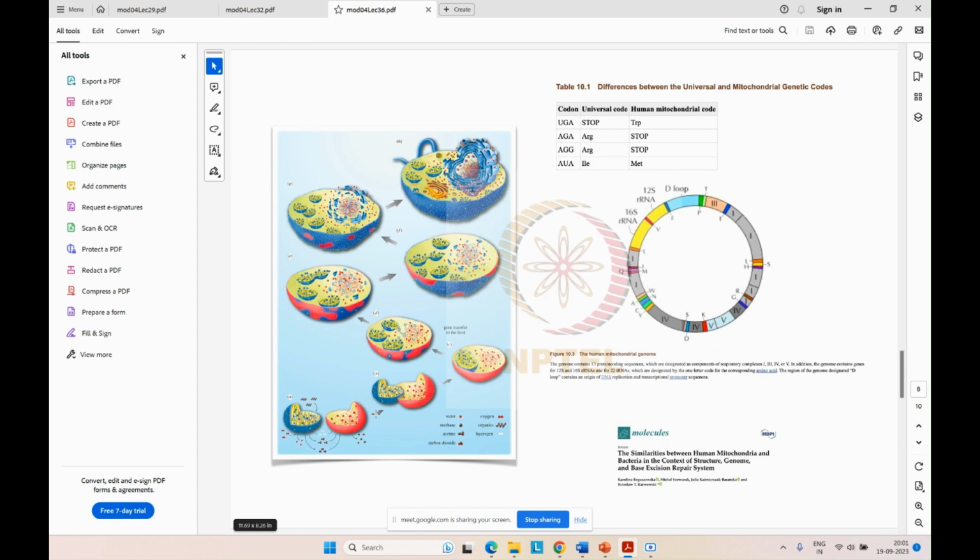Other than the comparison of genetic sequences, other leads were in the case of the amino acid codons. In the normal universal codon-anticodon concept, UGA goes for stop, whereas in the human mitochondria it codes for tryptophan.